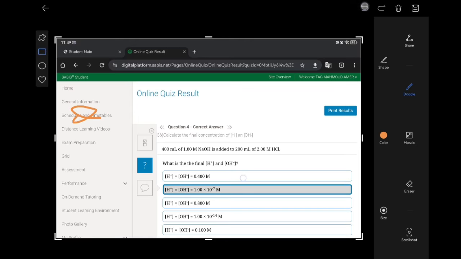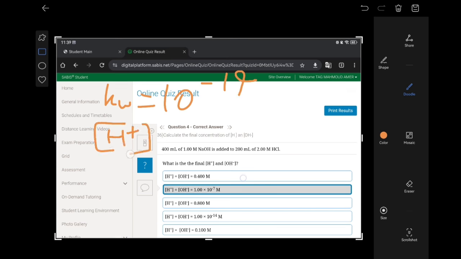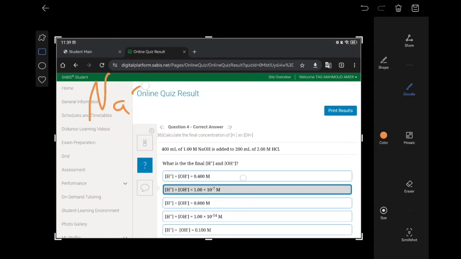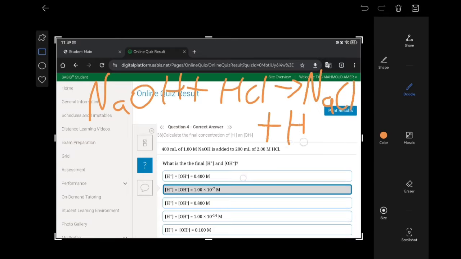And remember, the Kw at 25 degrees Celsius is 10 to the negative 14. So that means H plus, when it's completely neutral, is equal to OH minus, for example in water. Look, NaOH plus HCl gives you salt, literal table salt, and water. So it's just salt water. It's completely neutral, not acidic or basic.